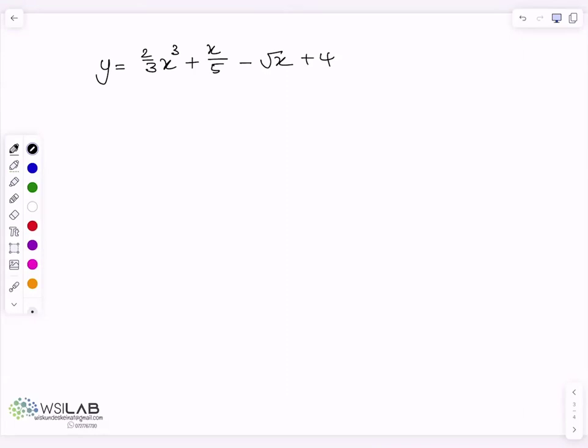Okay, the first thing we need to do is get rid of difficult fractions or roots. So I'm going to rewrite that as 2 over 3 x to the power of 3 plus 1 over 5 times x. Is that correct? Yes, because x over 5 is the same as 1 over 5 times x over 1, which is the same as a fifth x.